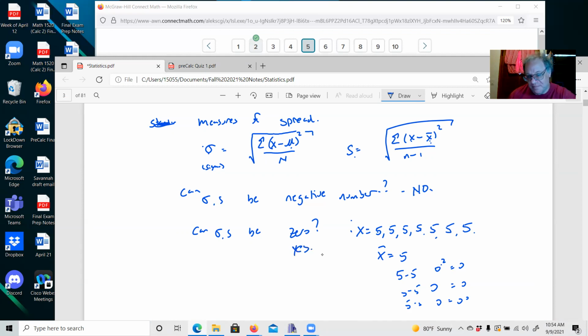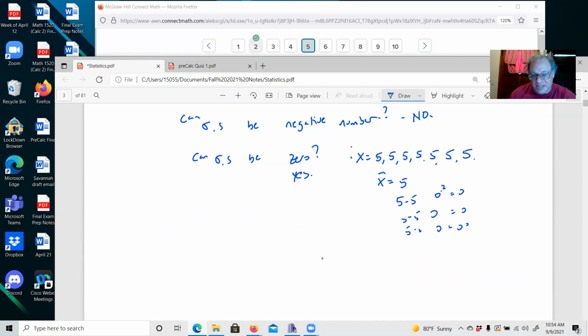Yes, that can happen. Can standard deviation or sample standard deviation be positive? Yeah, all the examples we've done so far. So if I ask you, what kind of number can standard deviation be?